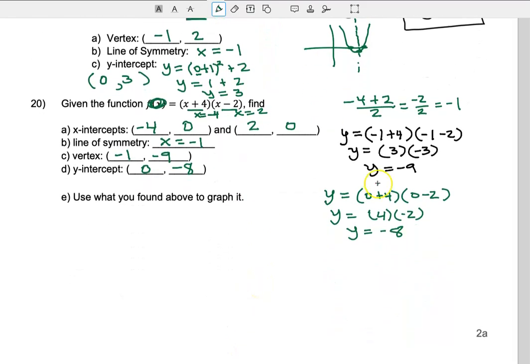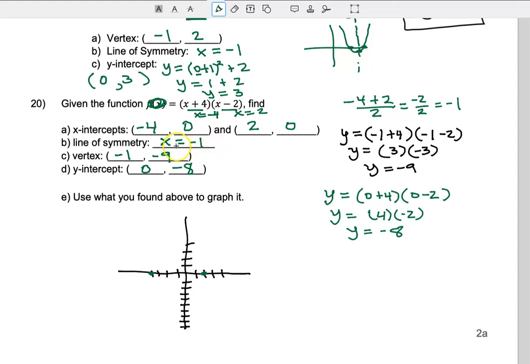Let me see if I have a little bit of room down here to do that. So let's see here. All right, so let's graph some of these points on here. The -4, 0 is here. 2, 0 right here.